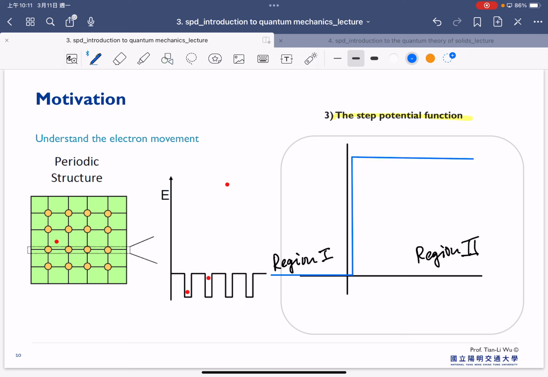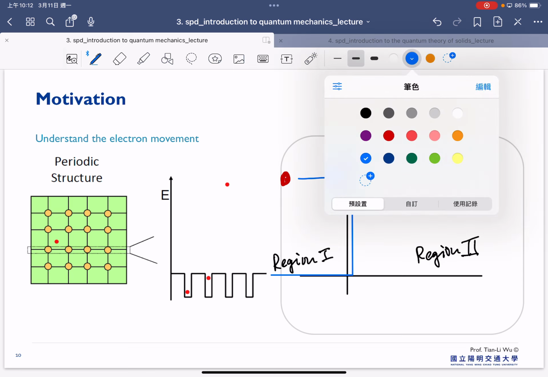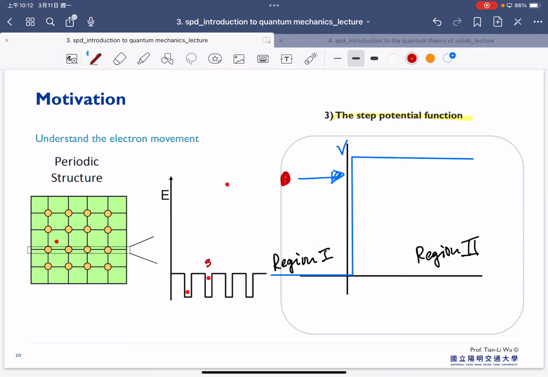Now there's a step potential V here, and we are curious, if electrons want to move toward this step potential function, what happens in this scenario. So this will be exactly the same as in this case.